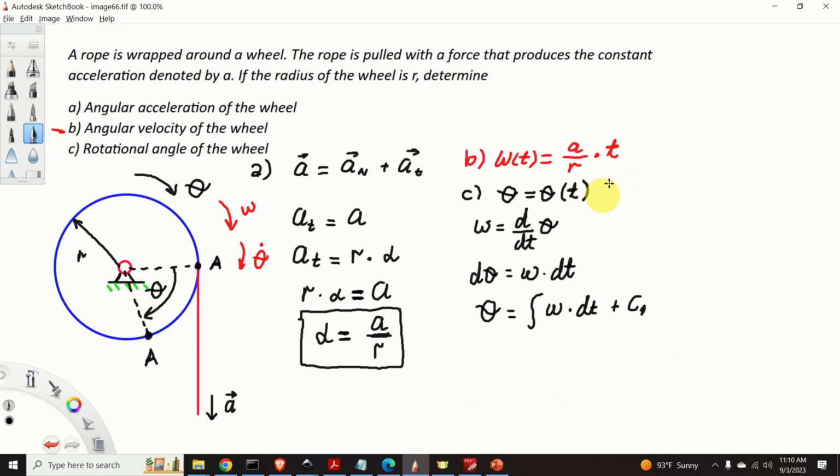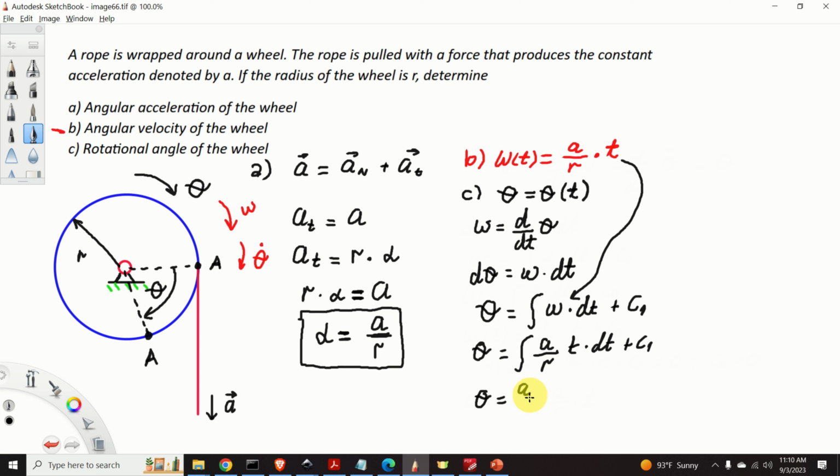In this expression, we will substitute the solution of problem B, and consequently we will obtain that theta is an integral of A over r t times dt plus c1. From the last equation, we can obtain the following.